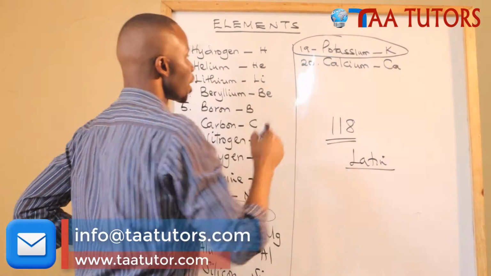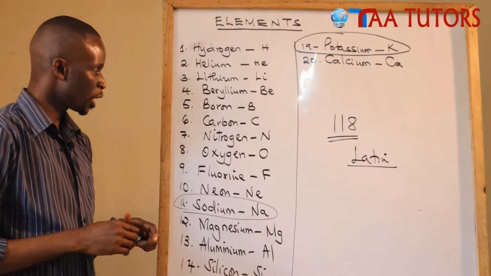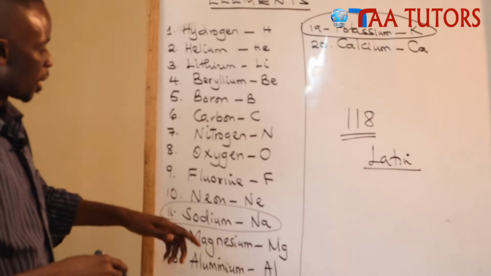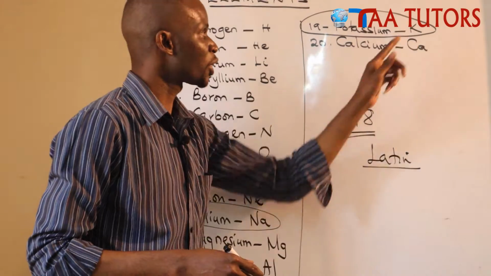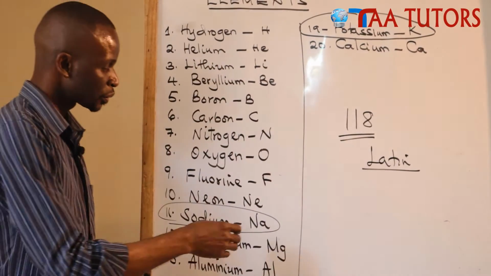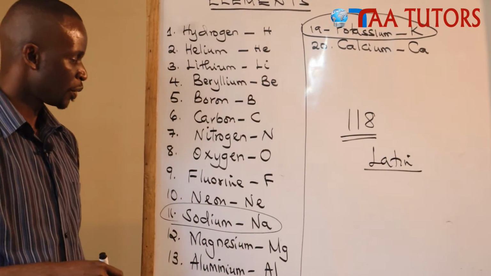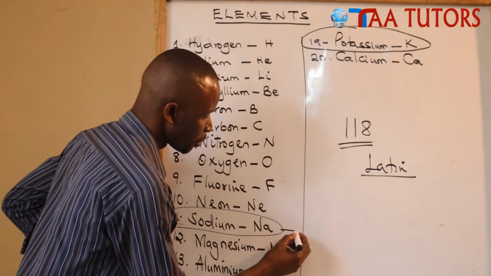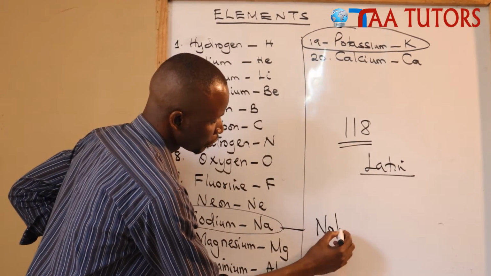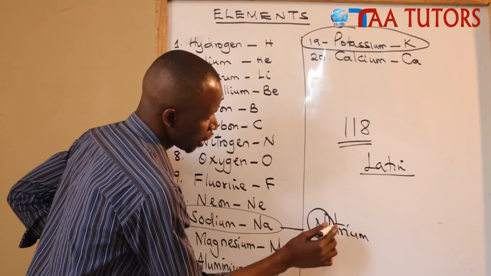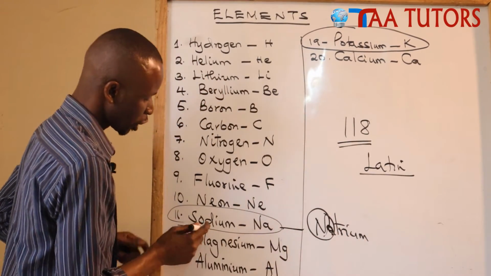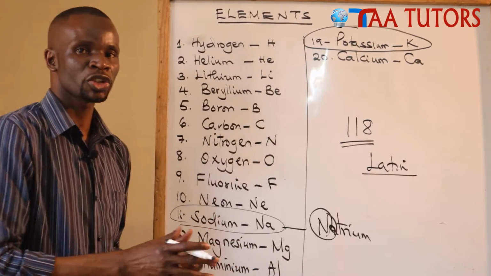These two names are different in a way if you try to compare. For sodium the symbol is Na, and for potassium the symbol is K. Why? Because the symbol of sodium is from the Latin name, which is natrium. So the Na that we are using here is coming from natrium, not actually sodium, because sodium is an English name.